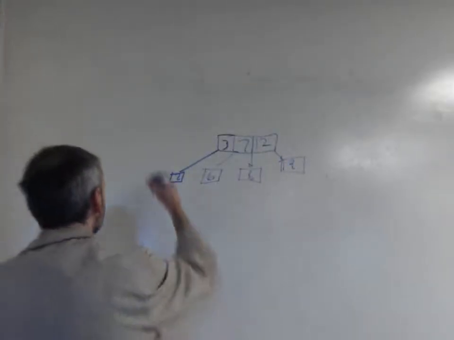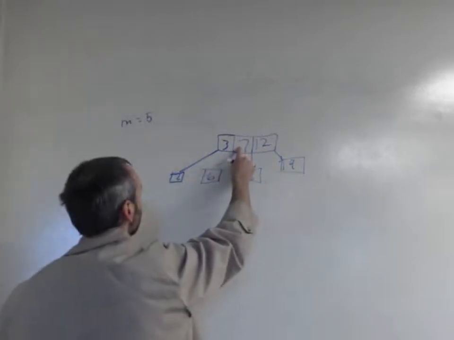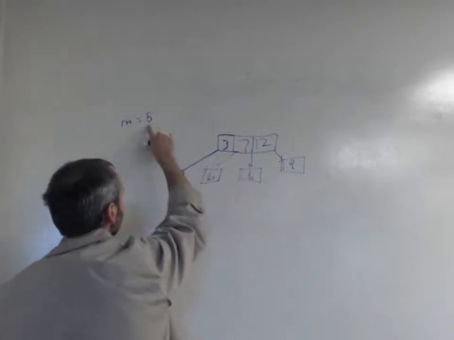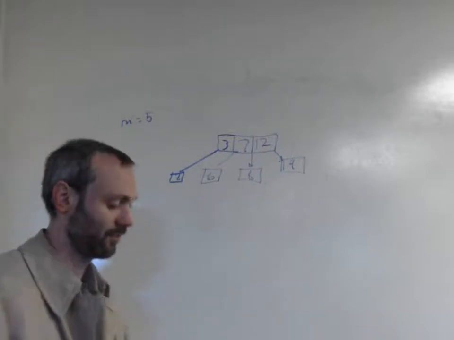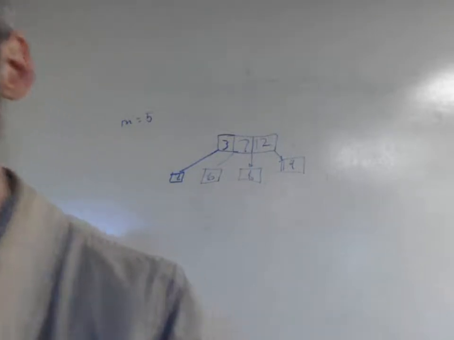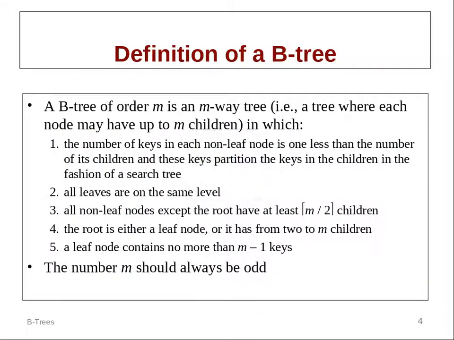So I never said what m was equal to. I'll say m equals 5. 5 divided by 2, ceiling is 3, so we're good there. We'd have to add a lot more for this to make a little more sense, but we'll get to that in a moment. The root is either a leaf node or it has from 2 to m children.